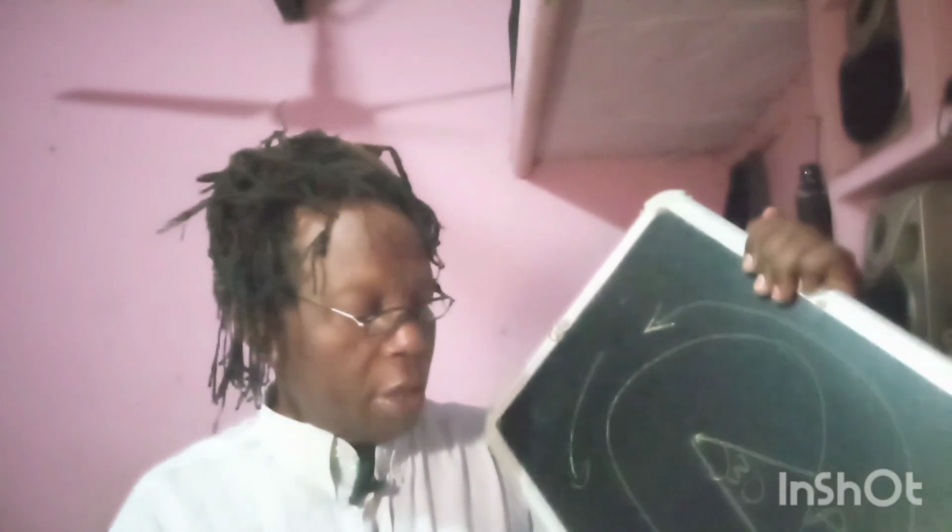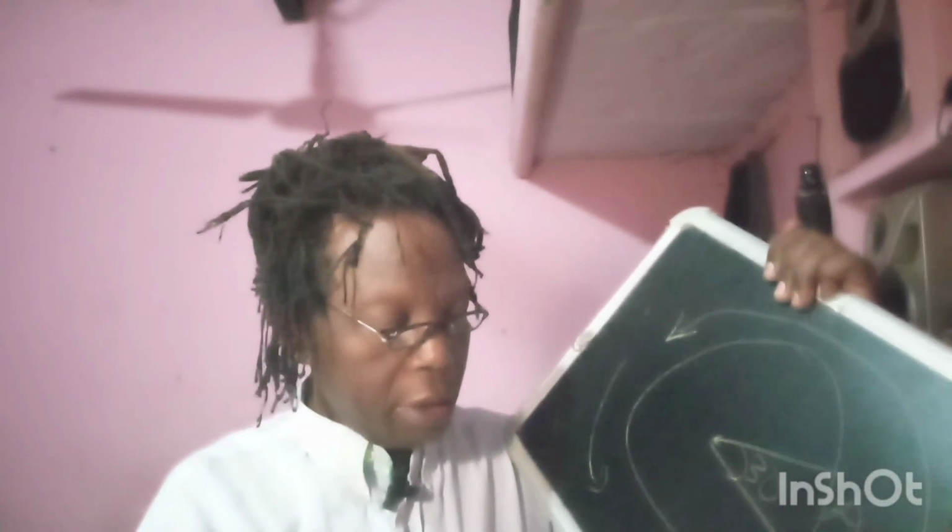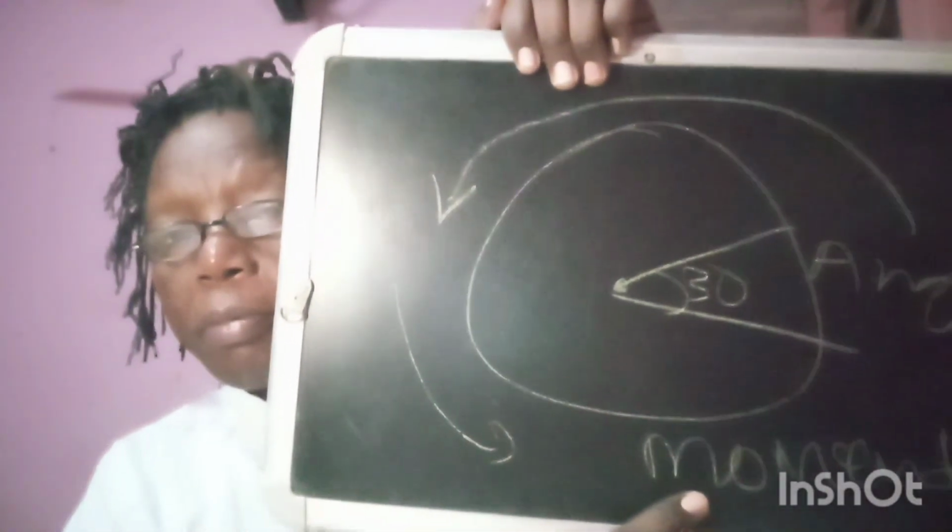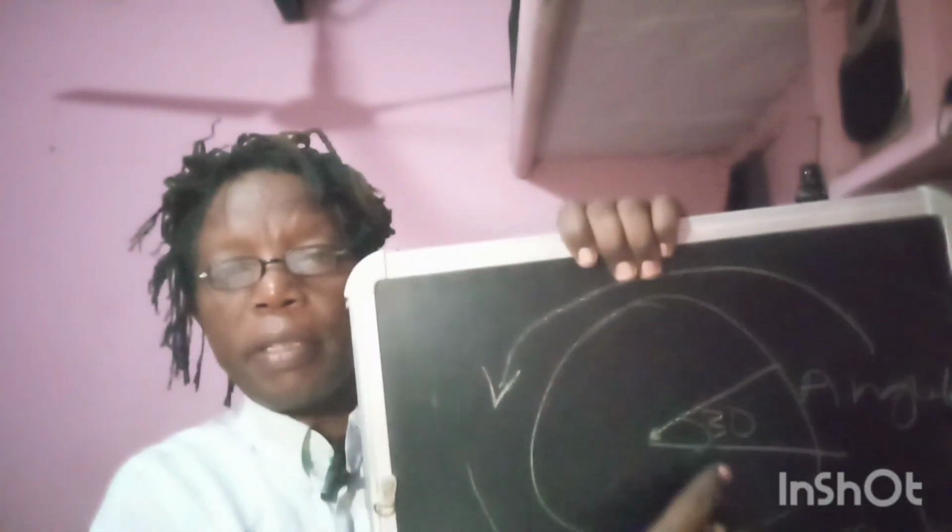We have the momentum. Momentum constitutes the mass of something, an object in motion. That's momentum. So we have the angular, as it's rotating. So that's what we call angular momentum, right?